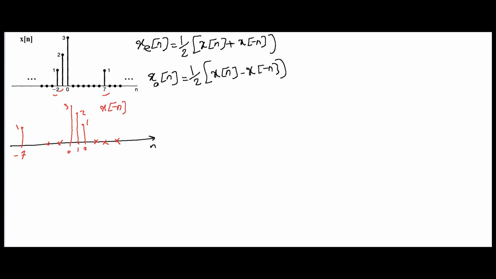Now that we have obtained x[-n], we can proceed to find the even and odd components. To obtain the even part, we add x[n] and x[-n] and then multiply the result by 1/2. Let's evaluate the samples one by one.